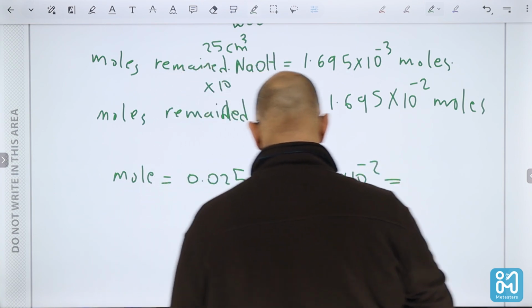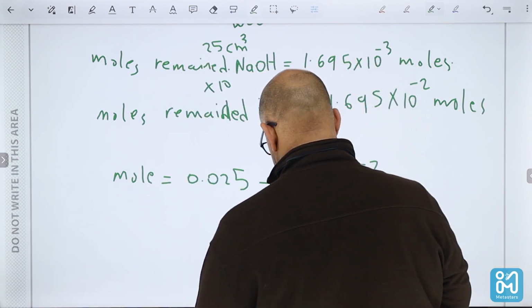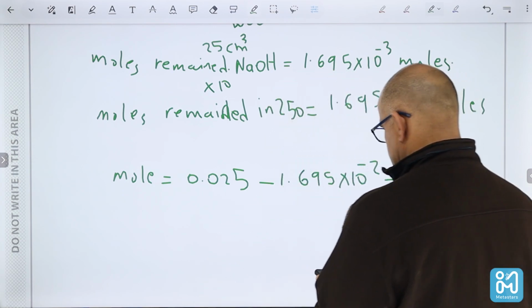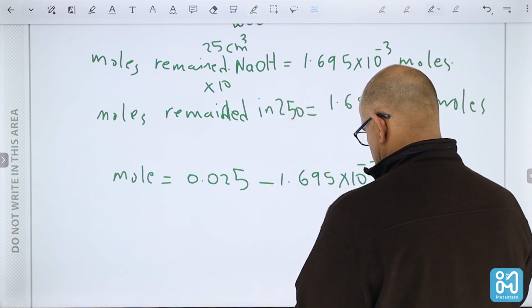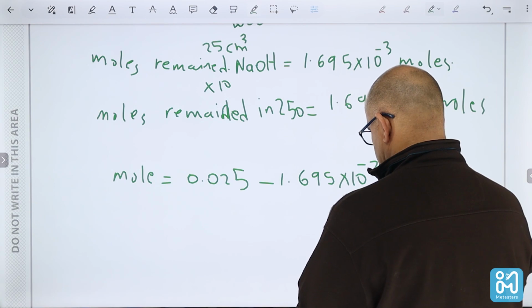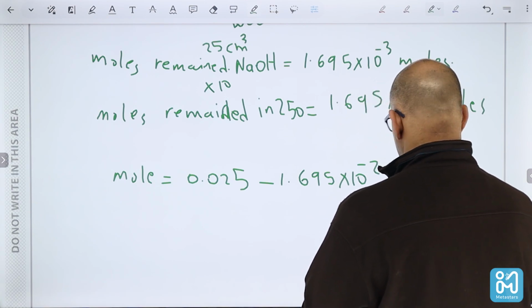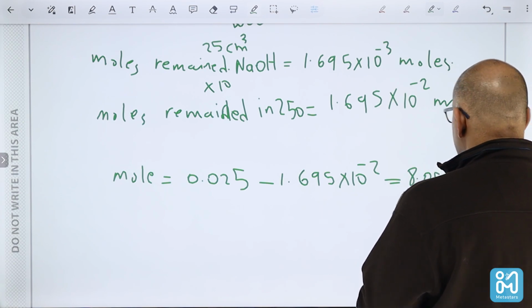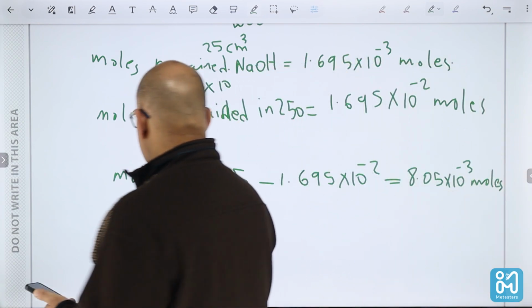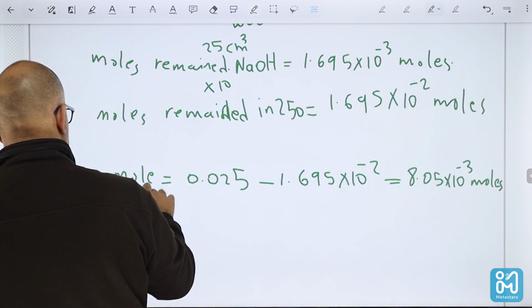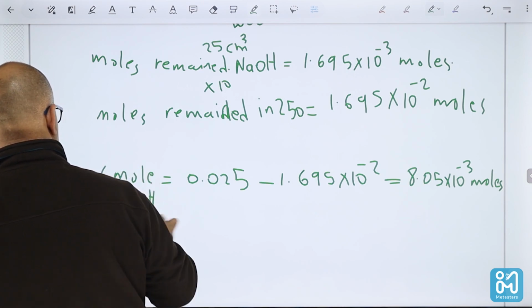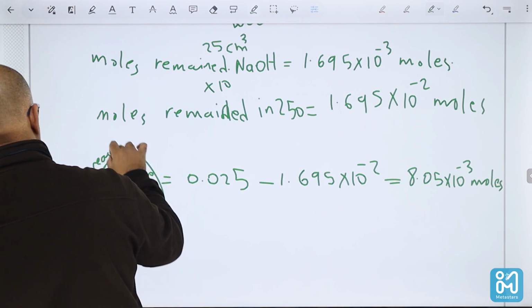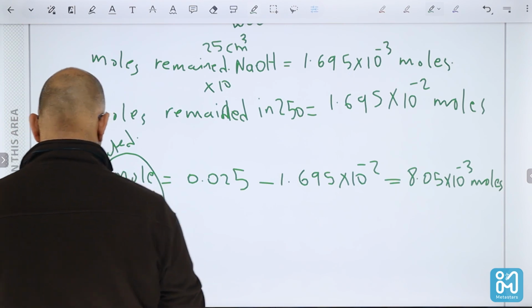It equals how much? It is 8.05 times 10 to the power negative 3 moles. This is for the NaOH that reacted with the acetyl salicylic acid.